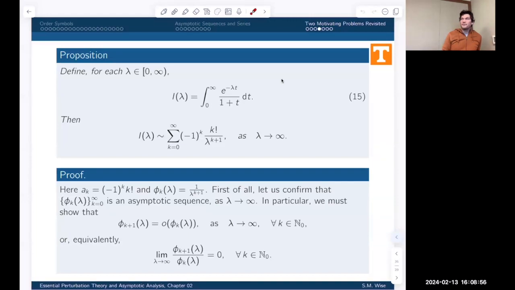We showed that using the ratio test. But this is useful as an approximation if we truncate this series and consider lambda getting larger and larger. So this becomes a better and better approximation as lambda gets large if we truncate after, say, 20 terms. And we showed using some calculations why this was the case.